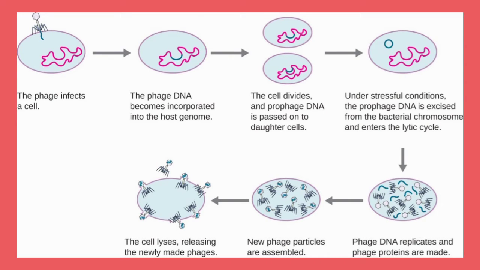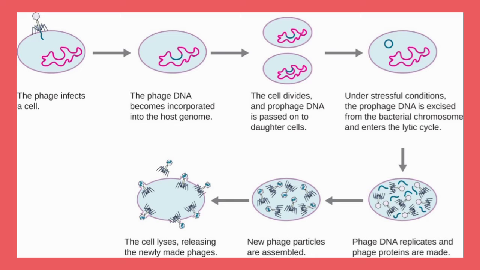This is the picture of the process of the lysogenic cycle. In a lysogenic cycle, the phage genome enters the cell through attachment and penetration. A prime example of a phage with this type of life cycle is the lambda phage.